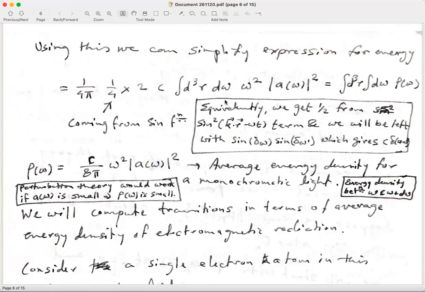Now, of course, we would want to do this calculation within perturbation theory, and that would work only if the intensity of the external electromagnetic radiation is small. That would mean the impinging energy density, rho of omega, is a small quantity.